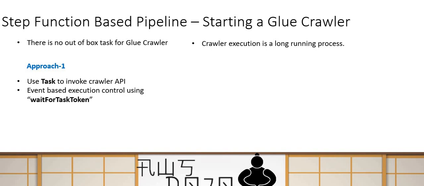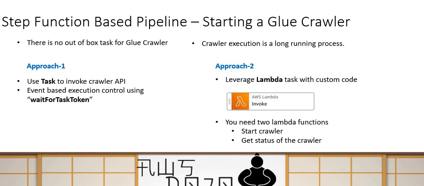The other approach is that you can simply use a Lambda task with custom code. You can create two Lambda functions, and both could be very much reusable. One Lambda function is primarily responsible for starting the crawler. All it does is start the crawler, nothing else. And the other Lambda function will simply get the status of the crawler.